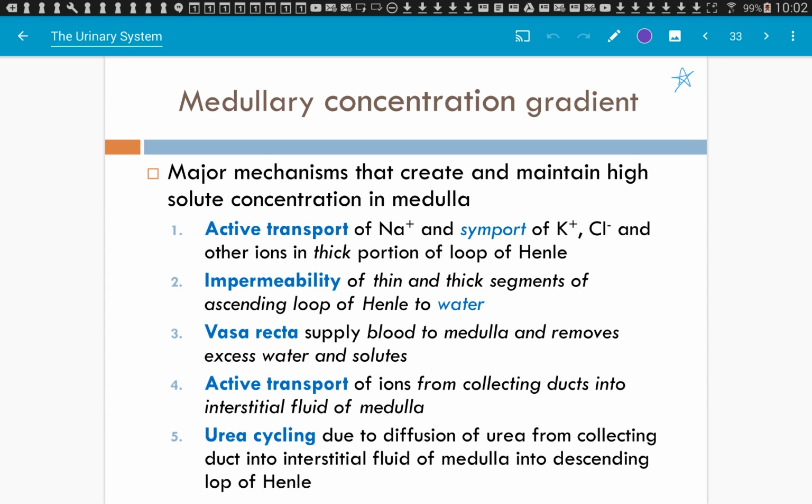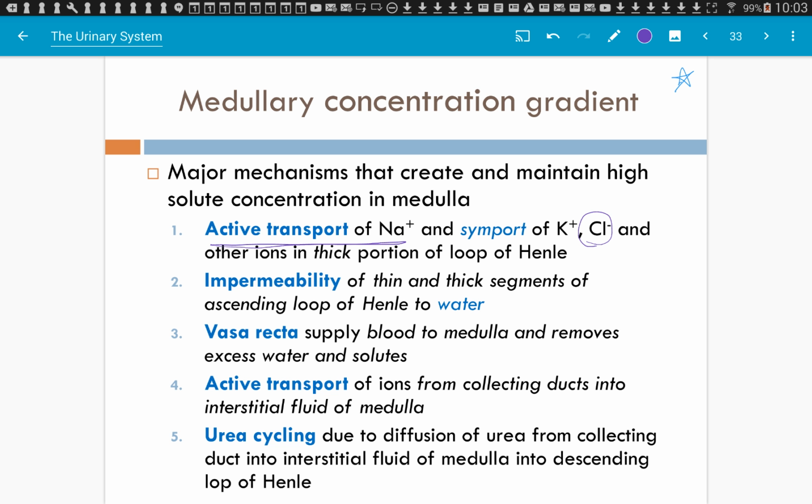Okay, so more on this concentration gradient. Mechanisms that help maintain that concentration gradient. We have 5 mechanisms. You got to know those 5 mechanisms. So one of them, which I've mentioned a bajillion times, is active transport of sodium. So you're using ATP, and then typically, because sodium is positive, chloride piggybacks on that active transport of sodium because it's negative and positive.